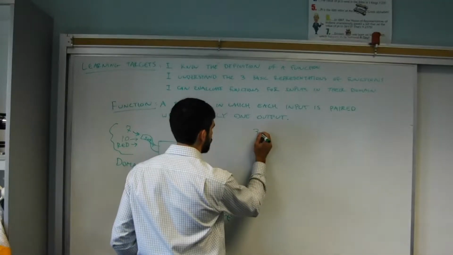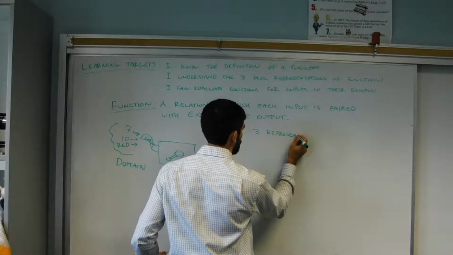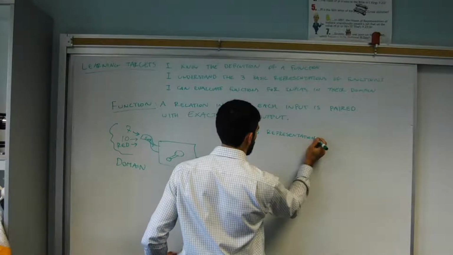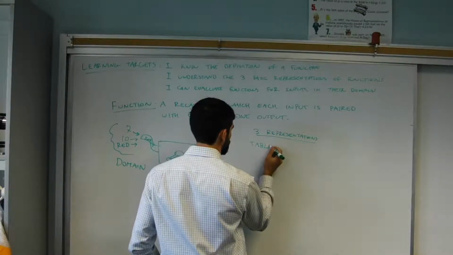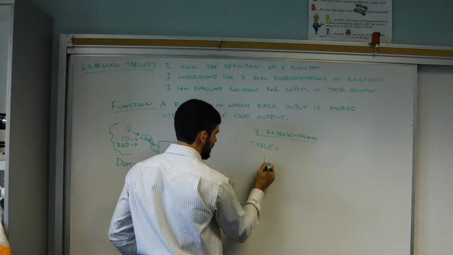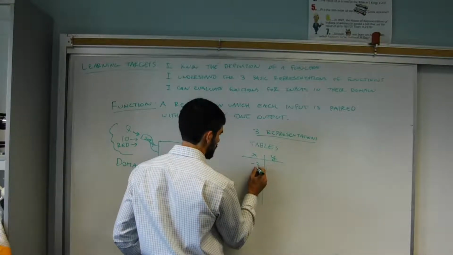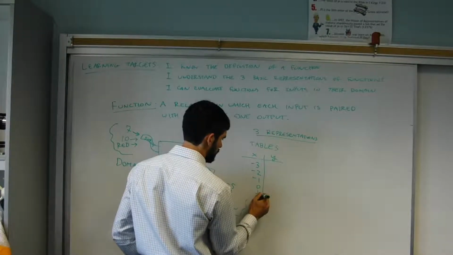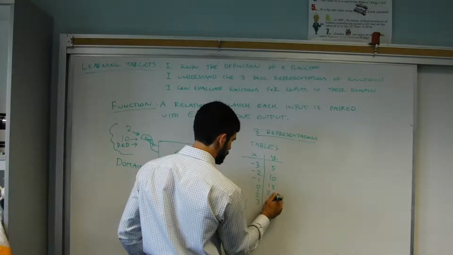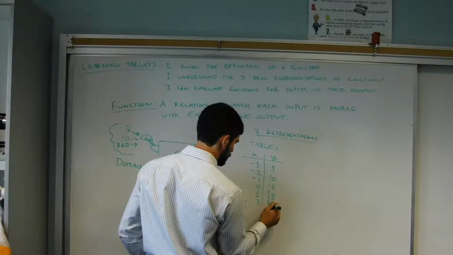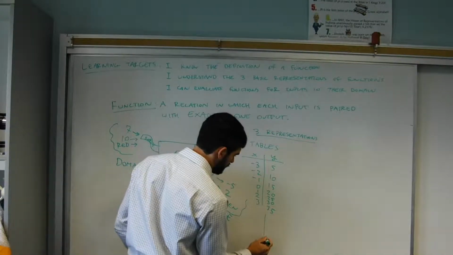So the three representations of functions are tables. So a table of values could look like this. We could have that, an example of a table of values of functions.